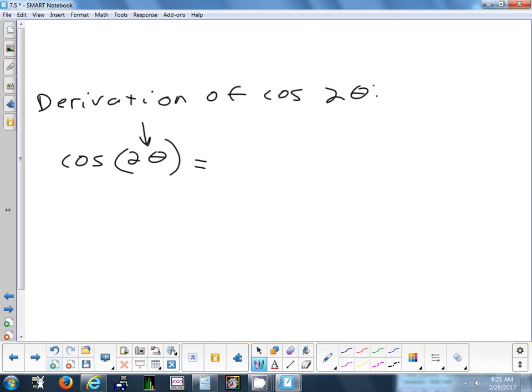Anybody think how you can rewrite 2 theta? Allie? Yeah, you could write it as theta plus theta. Now that's something we should already know how to work with. What kind of identity is that?